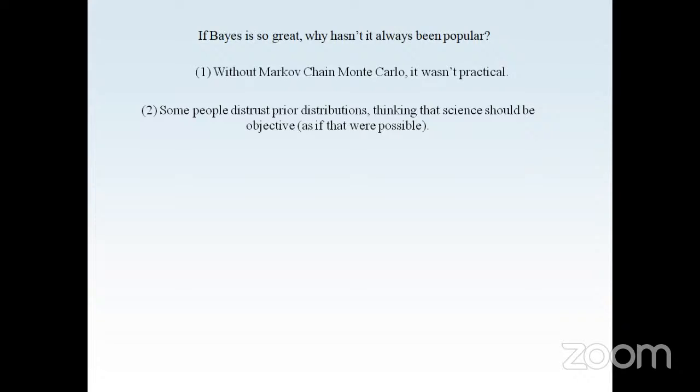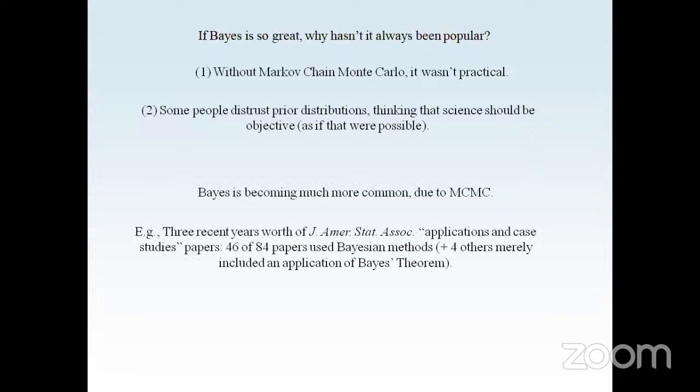Some people distrust the prior distribution, thinking that science should be objective. Bayes is becoming more common due to this MCMC, that is Markov chain Monte Carlo. Initially it was not very common, but now with the application of MCMC, it has become quite common.